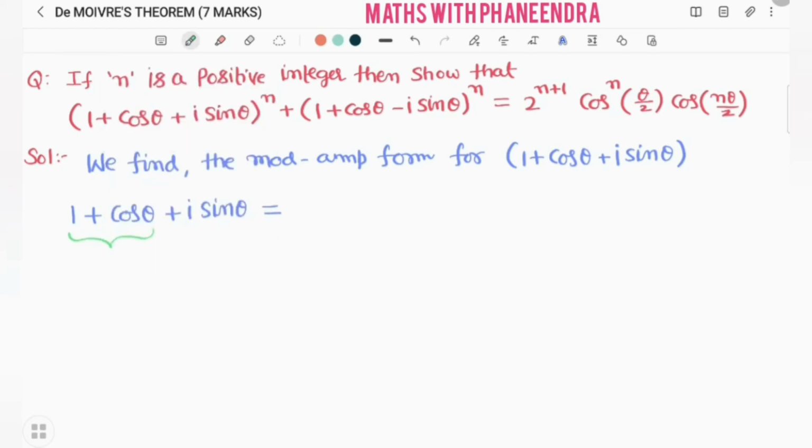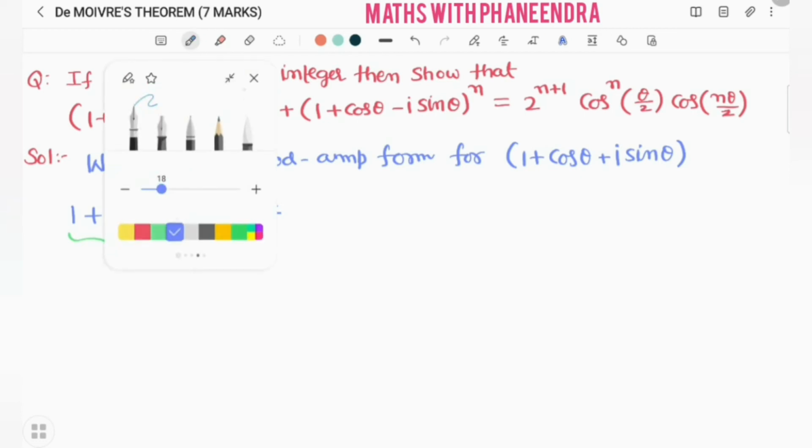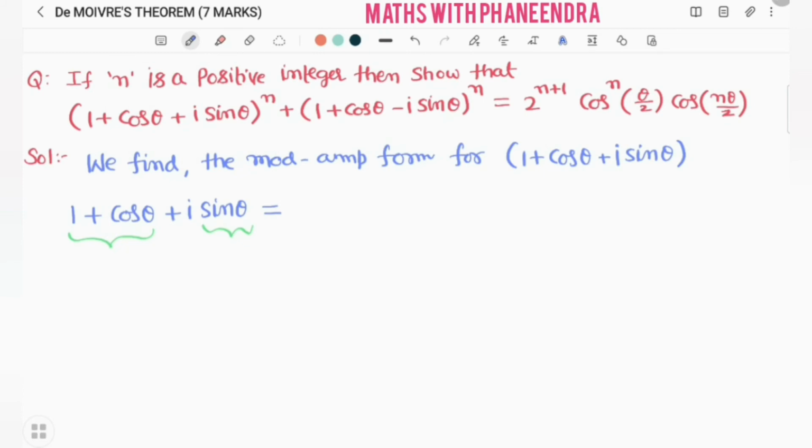With 1 plus cos theta and sin theta, I am writing the half angle formulas. 1 plus cos theta is 2 cos square theta by 2, the first one. Plus i into sin theta, which is 2 sin theta by 2 cos theta by 2.